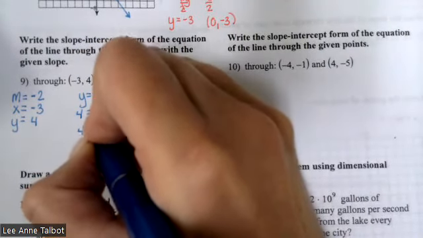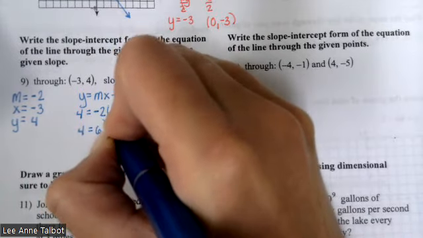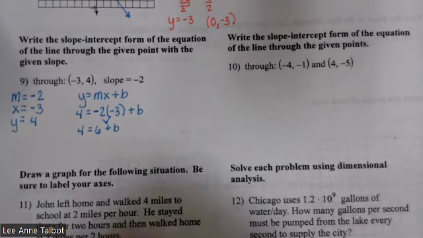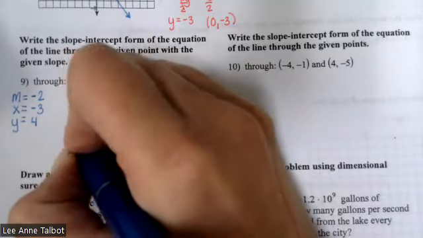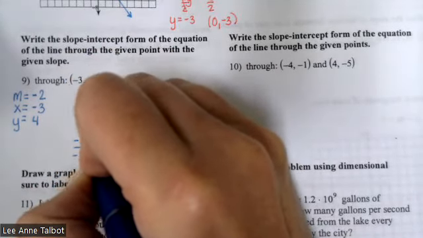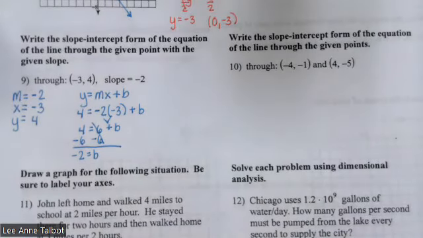Four equals 6 plus b. -6 minus 6, -2 equals b.